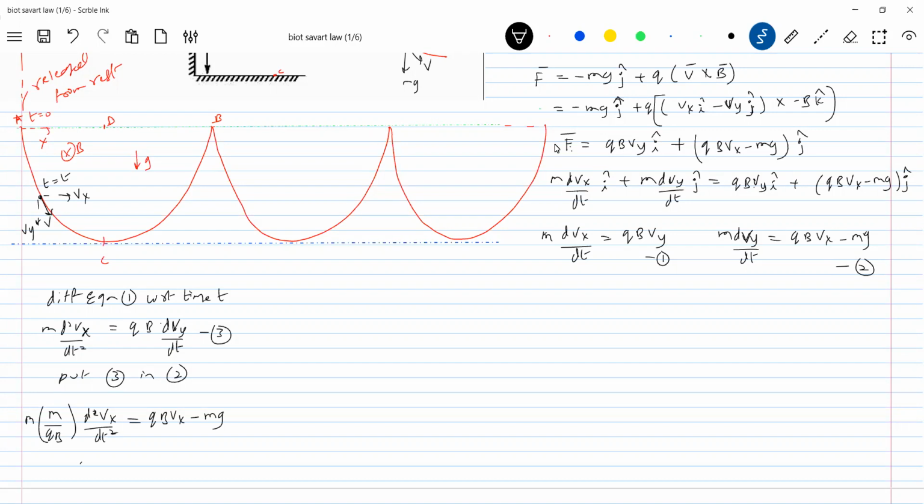So this will be d square vx by dt square equal to (qB/m) whole square vx minus bq g by m.